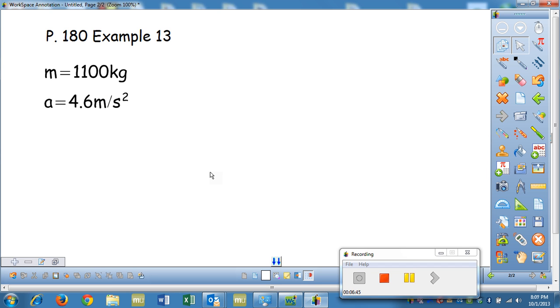So t is 5.00 seconds. And they're asking us to determine the average power generated by the force that moves this car.